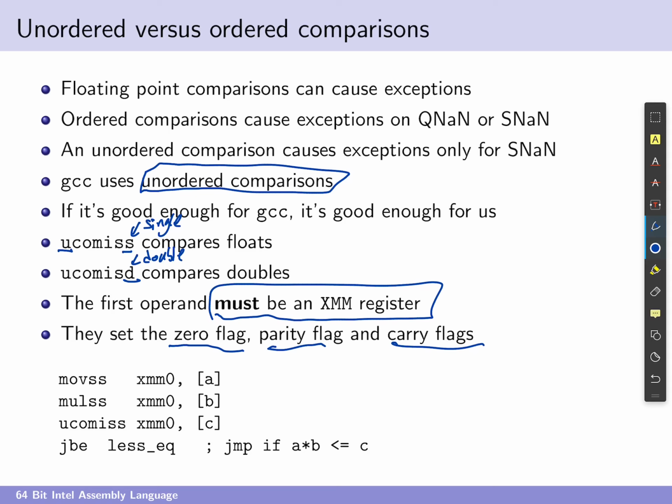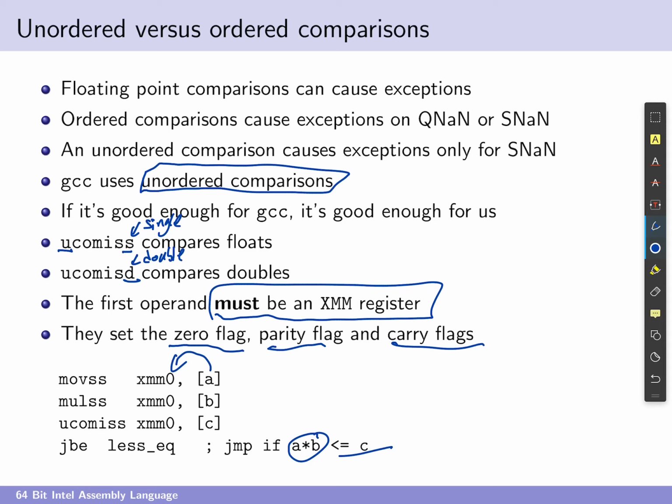So we'll see here that I want to perform a comparison between two 32-bit numbers. So in this little example, I want to perform a jump if A times B is less than a value C. Okay, where A, B, and C are all 32-bit floats in our data segment. Okay, so I'm going to load A into XMM0. So again, it's loading A into the bottom 32 bits of XMM0.